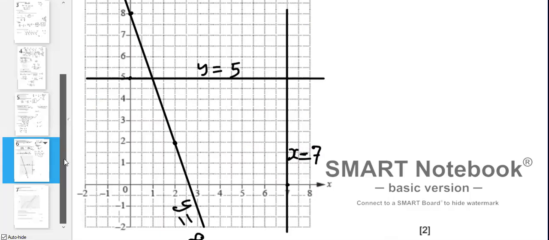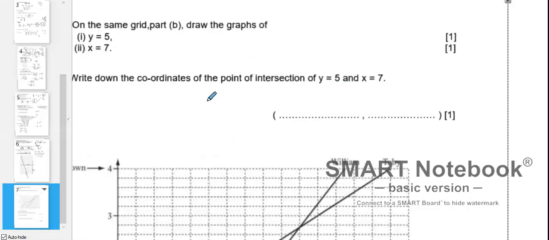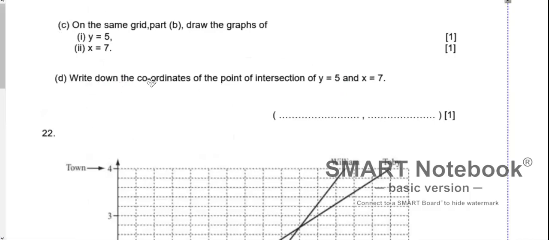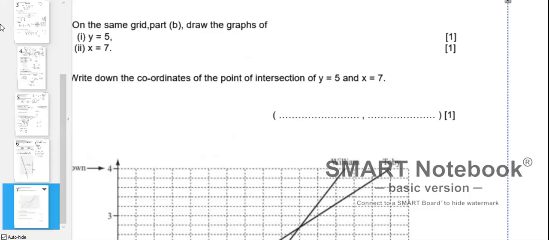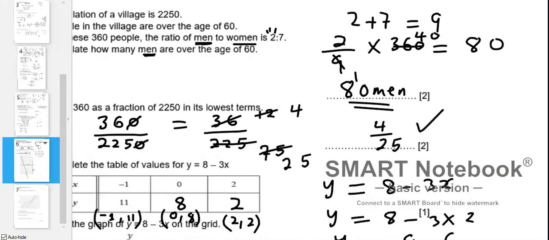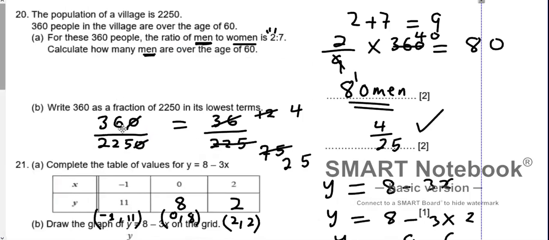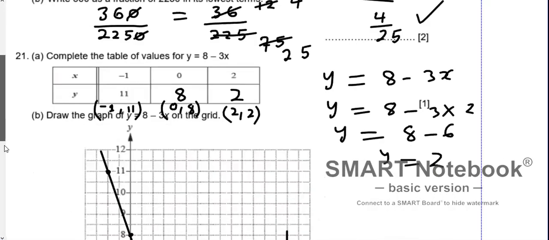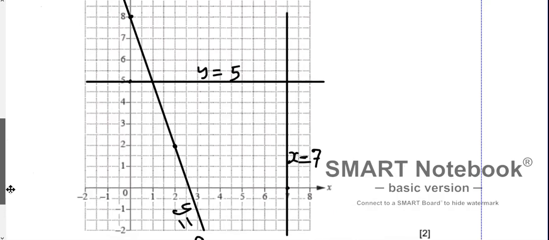Okay, the next question is then: write down the coordinates of the point of intersection of y equals 5 and x equals 7. Where do those lines intersect? So you go back to the lines, these lines here, where do they meet?